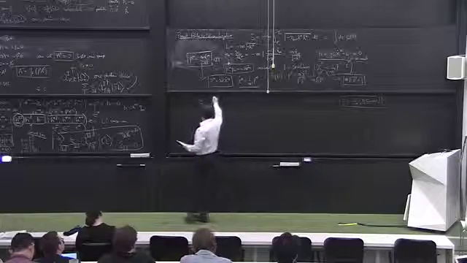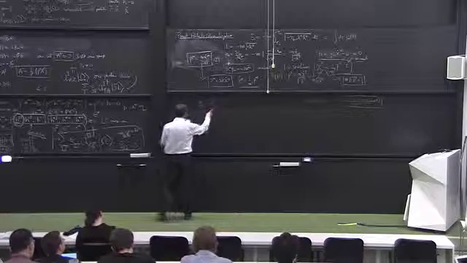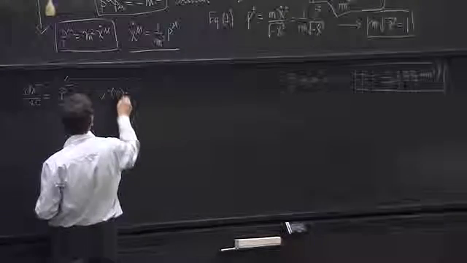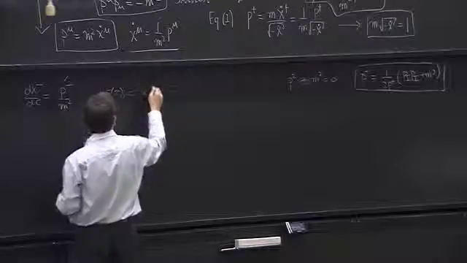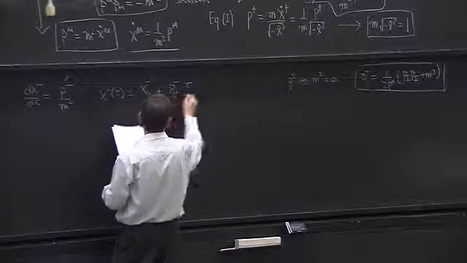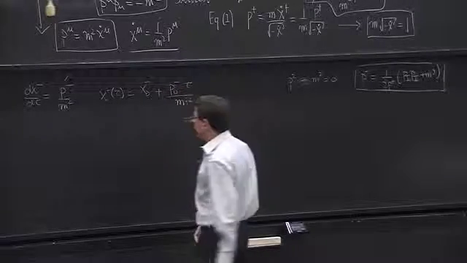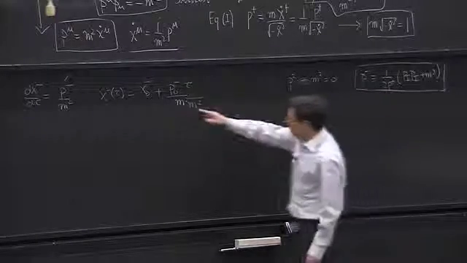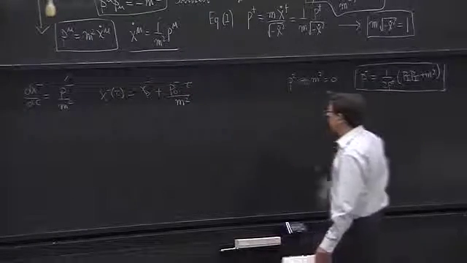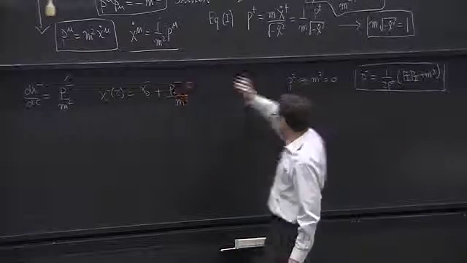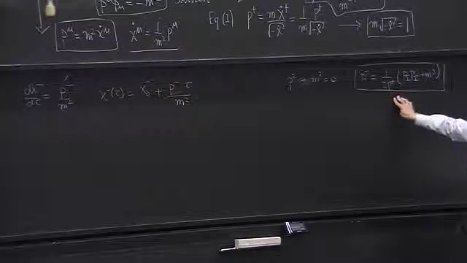So p minus is known, over m squared here. So x minus of tau, the solution, is x0 minus plus p0 minus tau over m squared. That's the solution of this differential equation with an initial condition x0 minus and p0 minus, given by that formula.